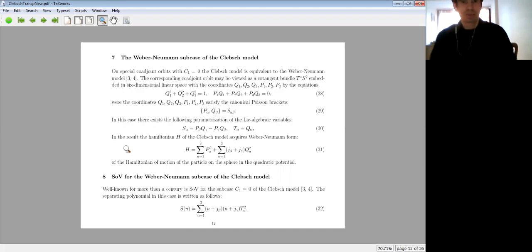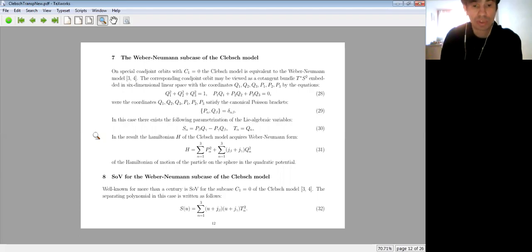Let me also remind you of the separation of variables for the Neumann subcase of the Clebsch model, because it has some analogy with what I will be telling below.